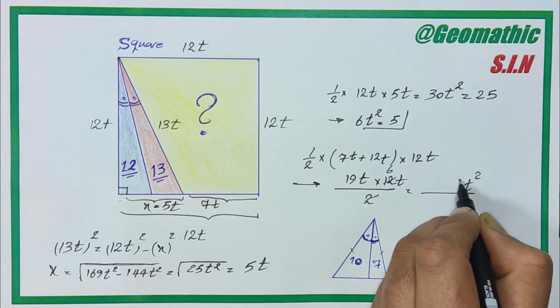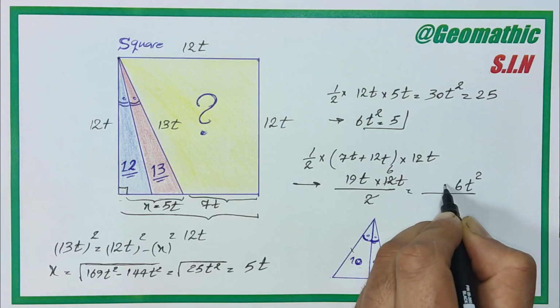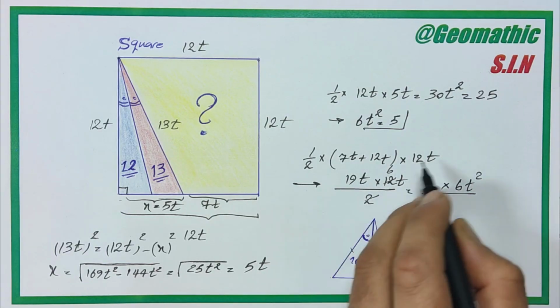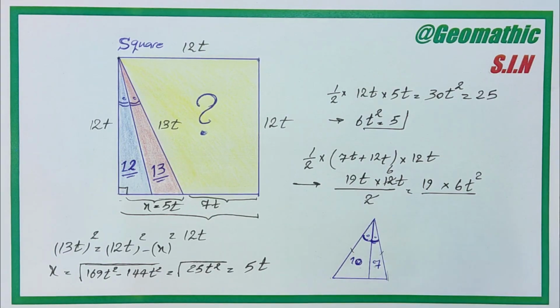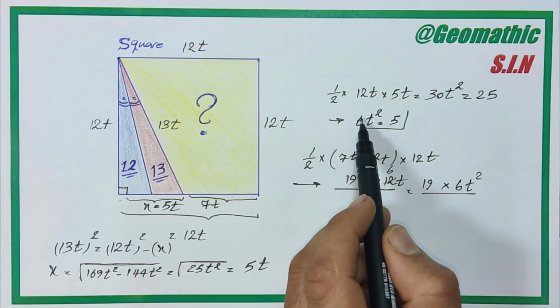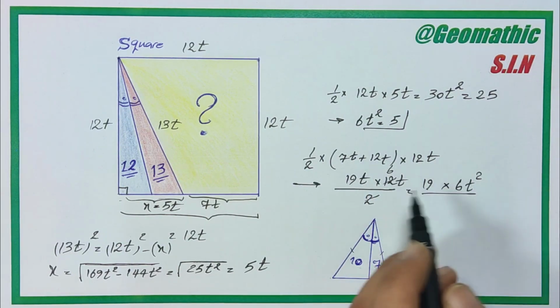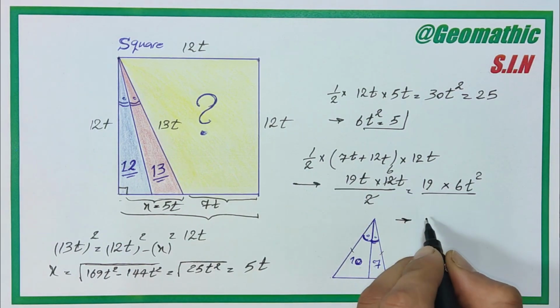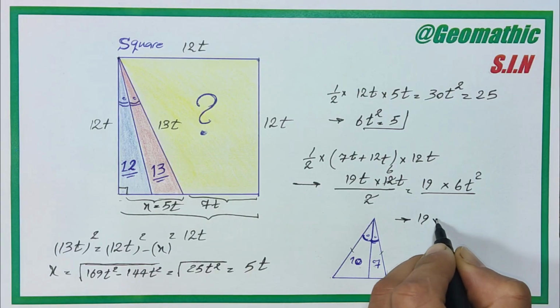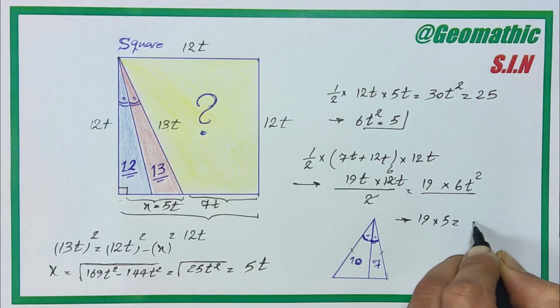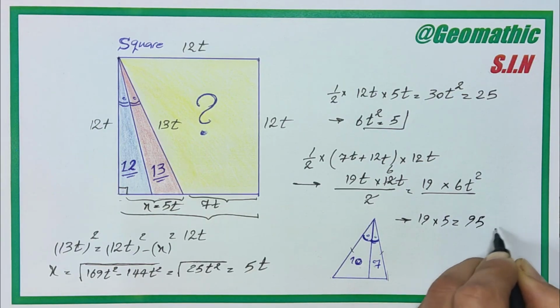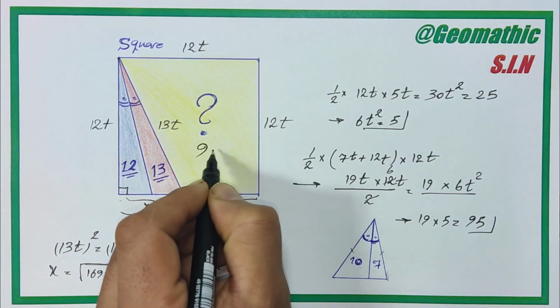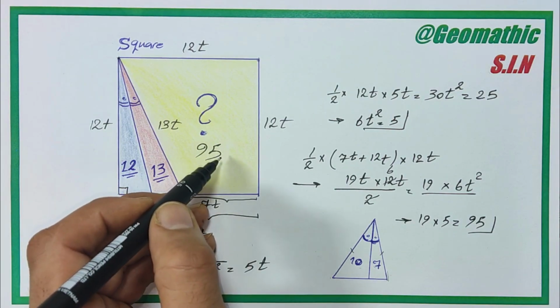Then we have 6t squared times 19. And before we have the value of 6t squared, which is 5. Then 19 times 5 equals 95, which is the area of this trapezoid.